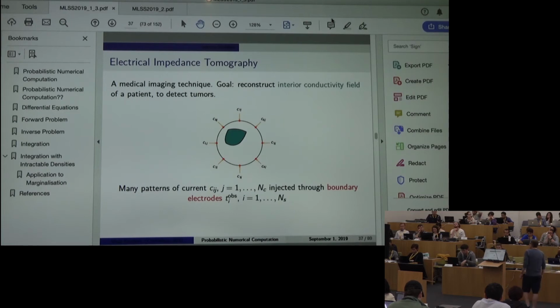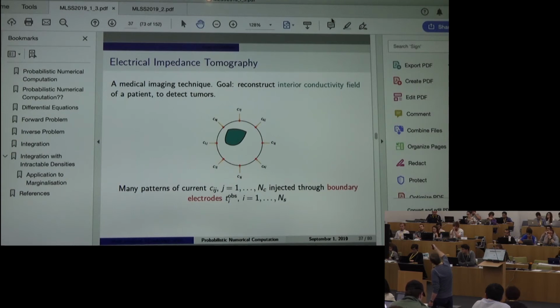The working hypothesis is that this will have a different conductivity from the surrounding material. So we can inject patterns of electrical current into this body.